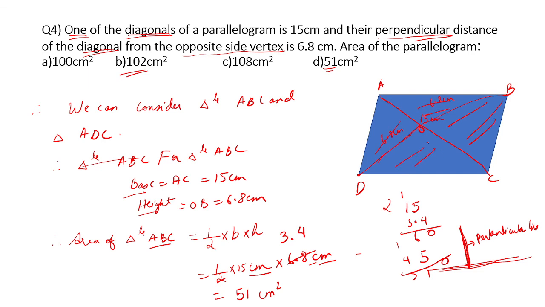After you found the triangles, what are we asked to find? We are asked to find the area of the parallelogram. So what do we do? Very simple, you just add them up. If you add the area of this triangle and the area of this triangle, you will get the area of the entire thing, right? Clear with that?